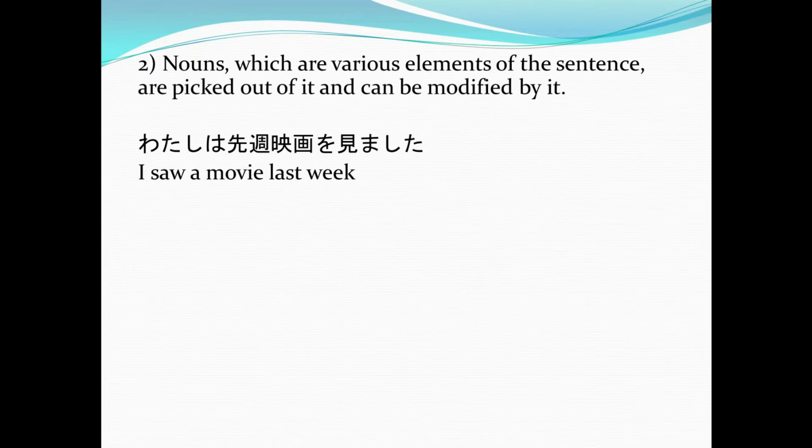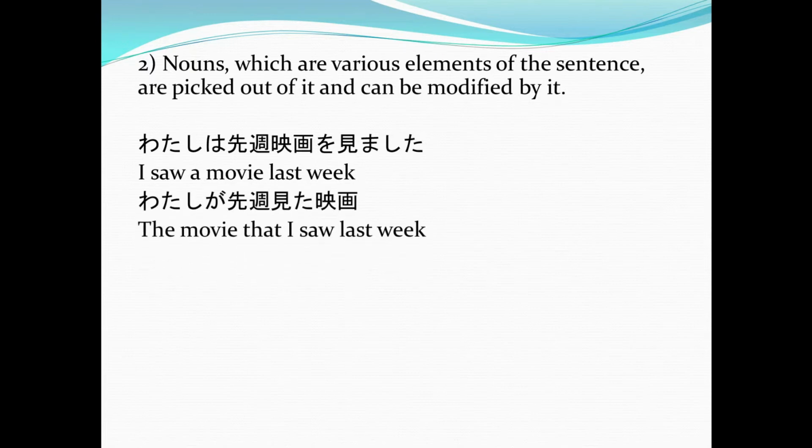Right? Now, when we want to change it into a modifier, we say watashi ga senshu mita eiga, or the movie that I saw last week. In this part, this is just a modifier, and then you will have to add the noun at the end of the sentence.